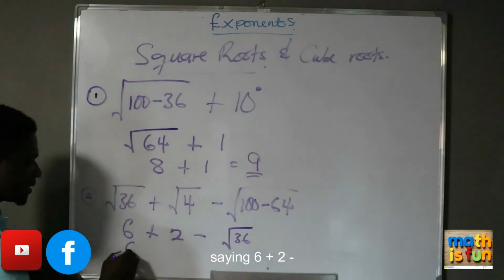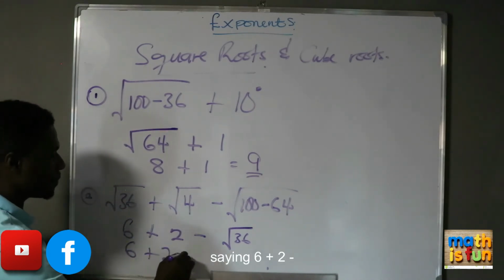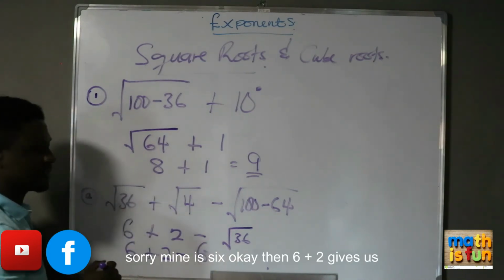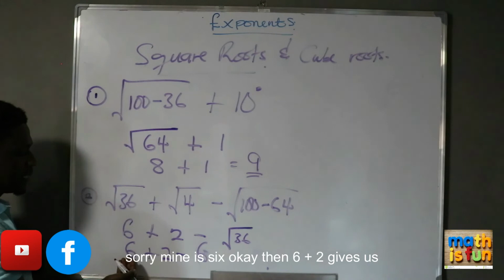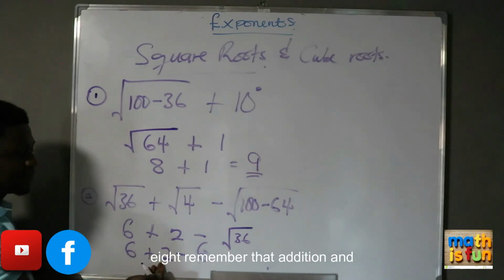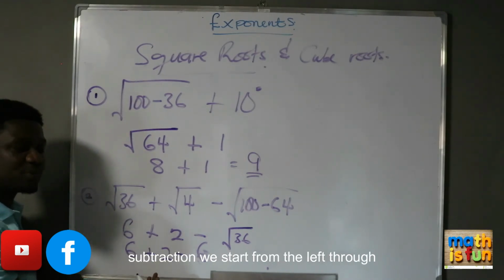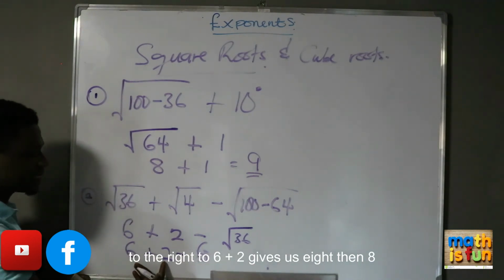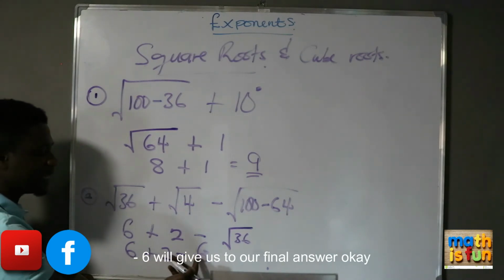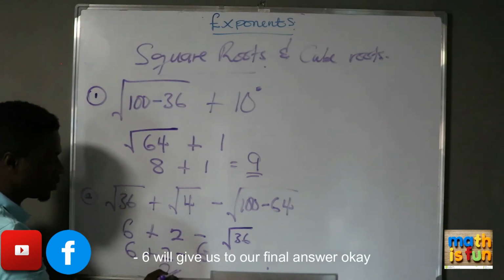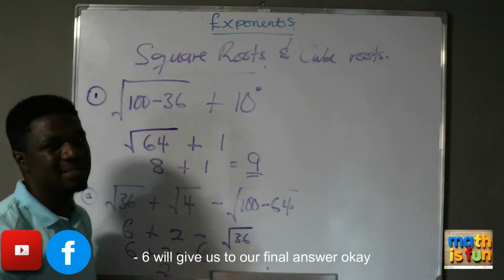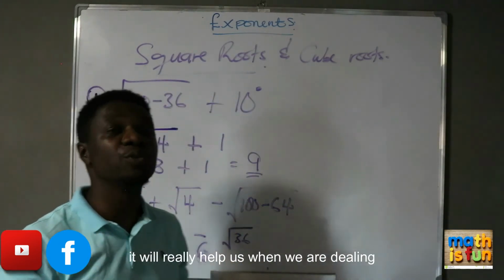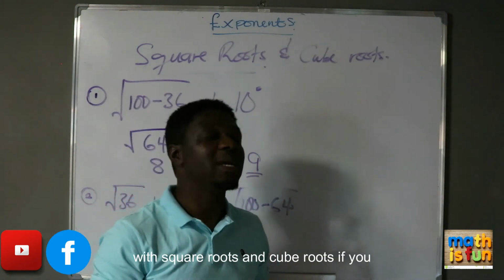So we go by saying 6 plus 2 minus 6. Then 6 plus 2 gives us 8. Remember that for addition and subtraction, we start from the left through to the right. So 6 plus 2 gives us 8, then 8 minus 6 will give us 2. Our final answer.